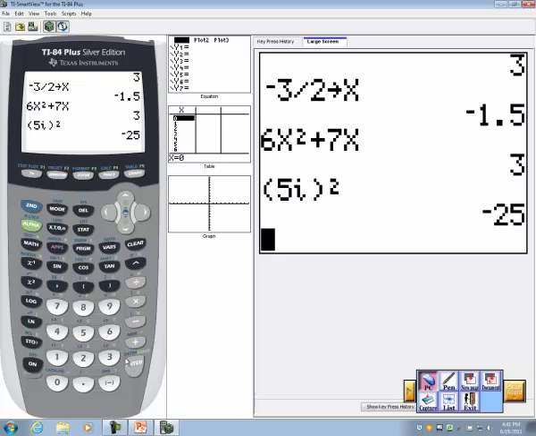There it is. See, it came up with negative 25. So this little blue i down here where the decimal point is, that's what you use for i. All right? And you can check your answers. All right, questions with that?